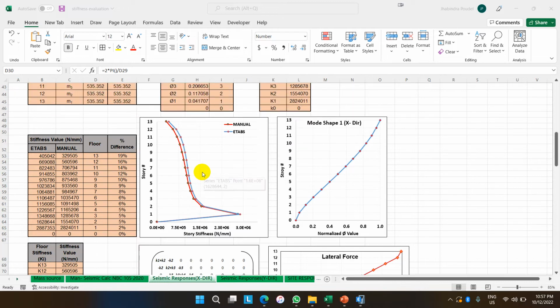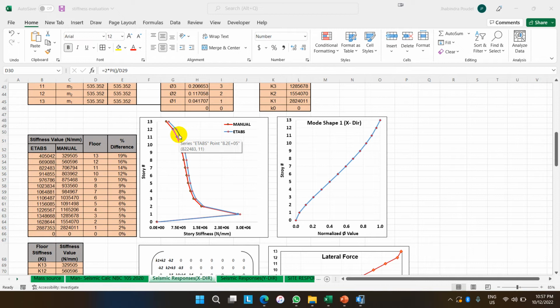So this is the overall estimation of story stiffness and the comparison of the manual calculation with the ETABS value, which is closely related to the value obtained from the finite element software.